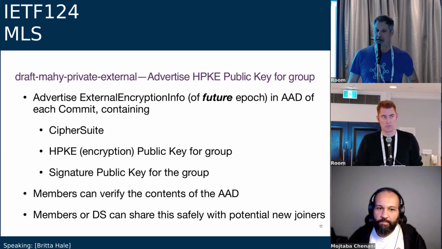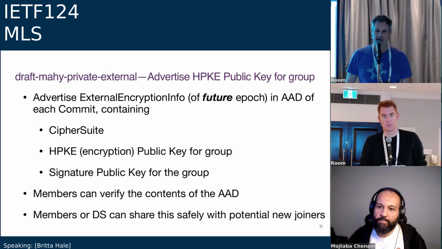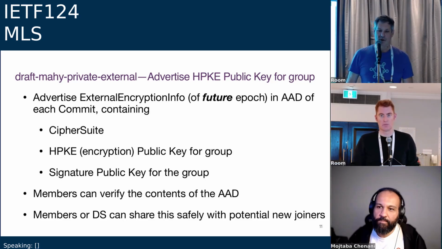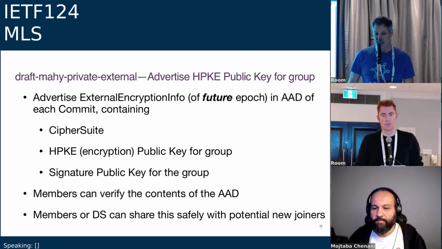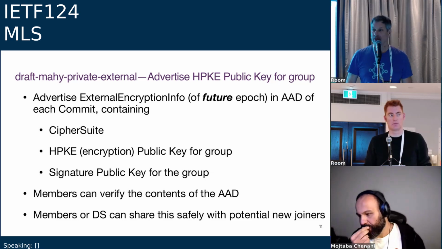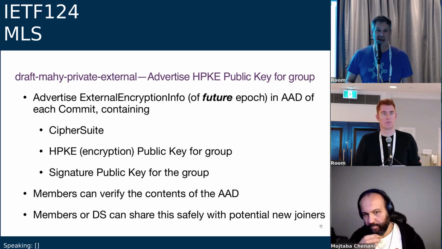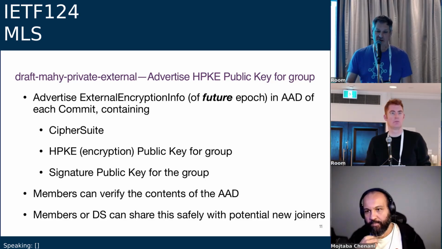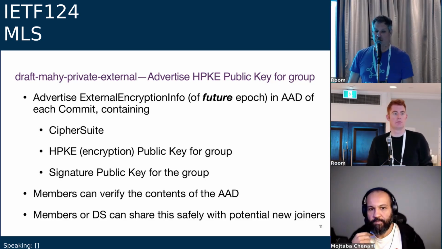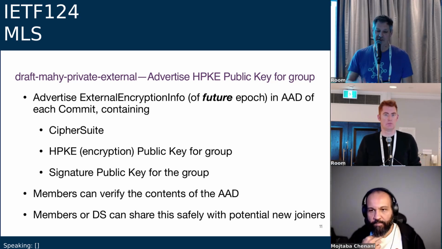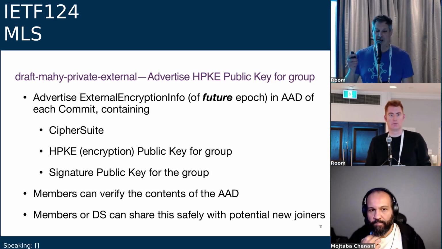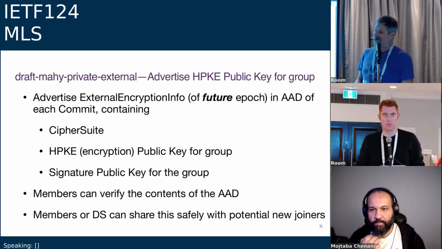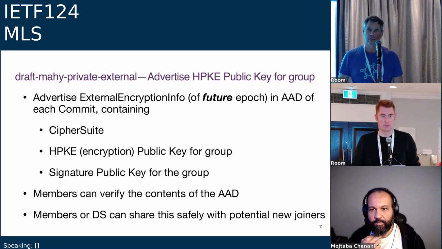But doesn't the AS have to have access to a group key and therefore know the group members? So there is a public key of the group which is distributed, but the AS doesn't need to know that. The DS sees that in the advertisement of the group. It sees a public signature key for the group and a public HPKE encryption key. But it doesn't ever see a private key for the group.